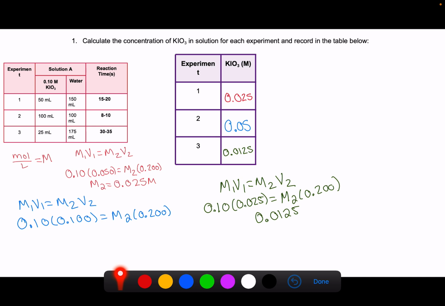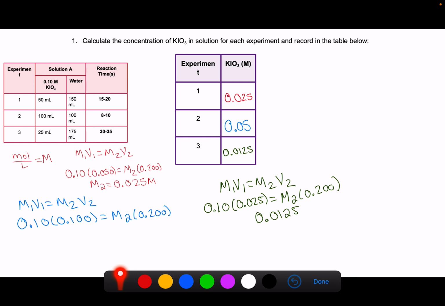Okay, so the next part I have some questions, and I already have my answers up there for you. One of the questions is, as the concentration of KIO3 changes, what happens to the reaction time? So we can see that we went from 0.25 to 0.05, and this one all of a sudden is 0.0125.